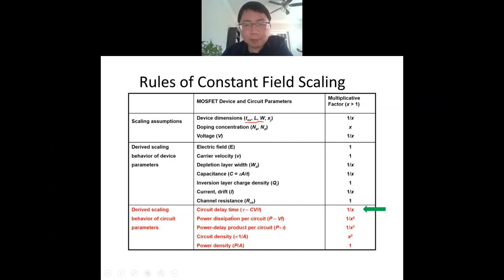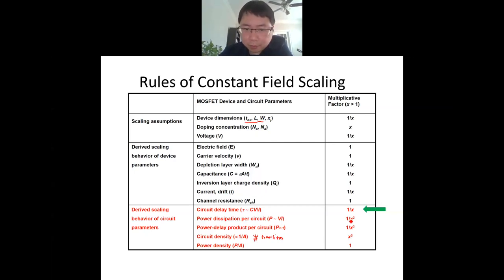So the circuit delay per circuit, like your inverter, will reduce by 1 over X. This is what we derived. And also the power dissipation per circuit, like one inverter, will become 1 over X squared. The circuit density, let's say the number of transistors or number of circuits on the chip, becomes X squared.